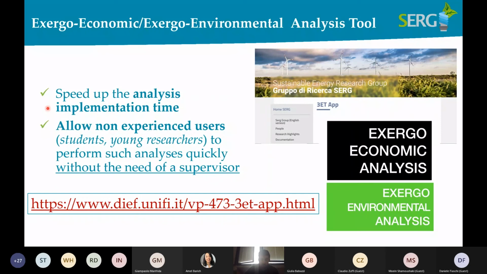And finally, I would like to present an opportunity we would like to share with other researchers, and that is an application for simple construction of the Exergo-Economic and Exergo-Environmental analysis. I want to say thanks to Pietro Ungar, who was the main developer of this tool. Within the group, we developed a tool for the easy implementation of Exergo-Economic and Exergo-Environmental analysis.